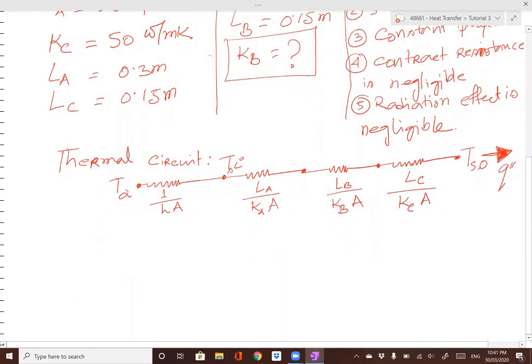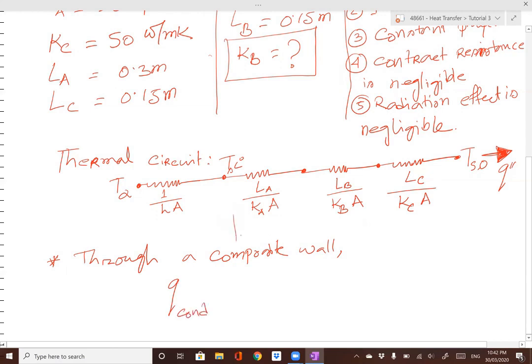Now we can calculate how much heat will transfer through the composite wall, the heat transfer due to conduction.